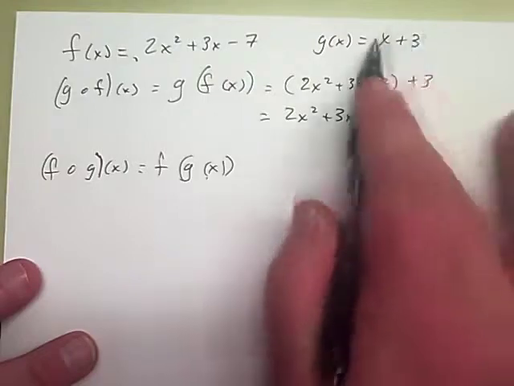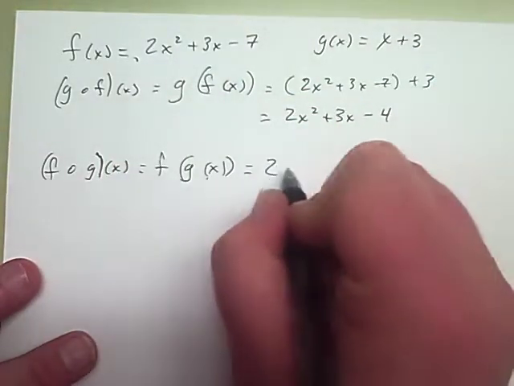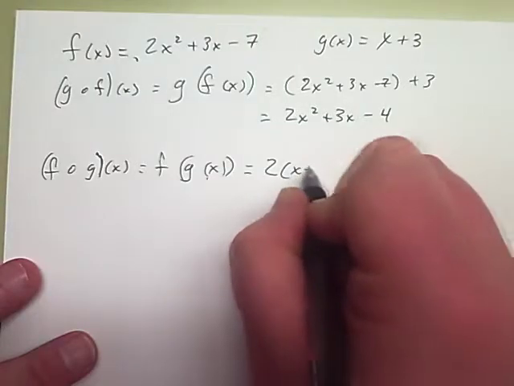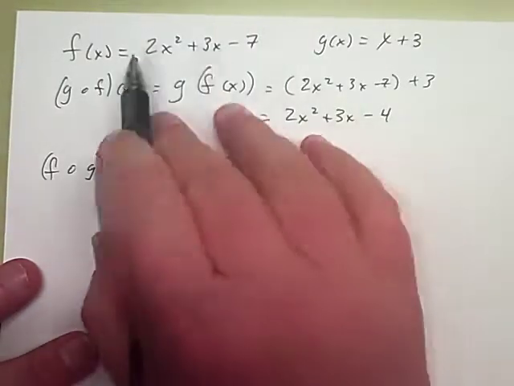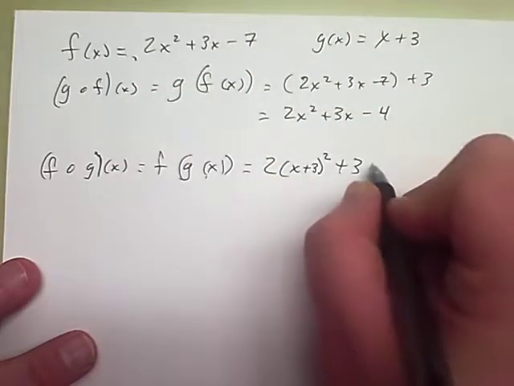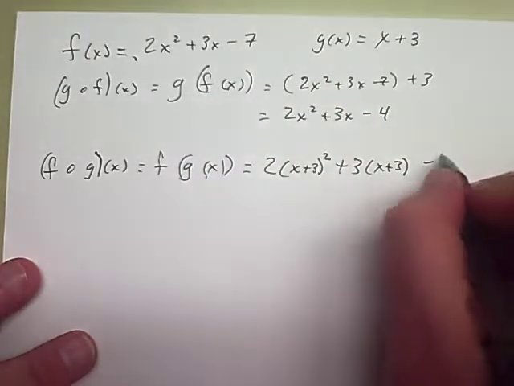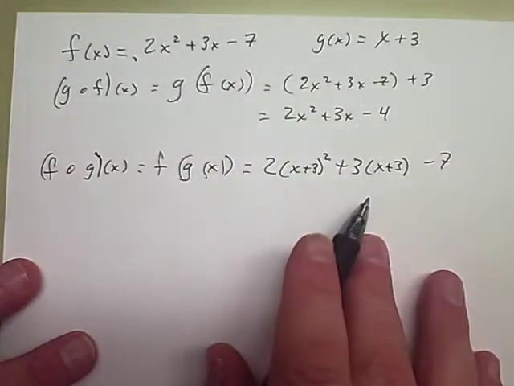So g, x plus 3, is going to go inside for all of these. So I'd end up with 2, this is x plus 3 squared, plus 3 times x plus 3, and here I got to put the g function in, minus 7, like so.